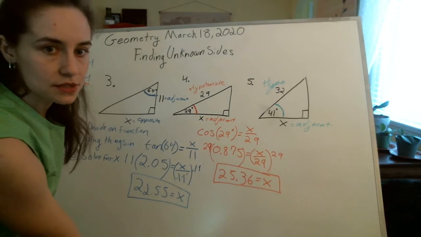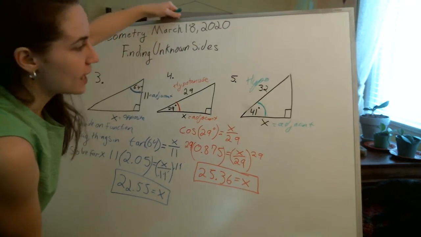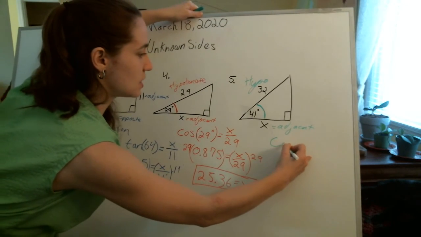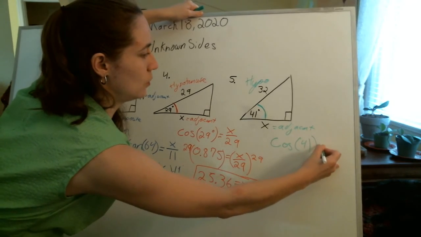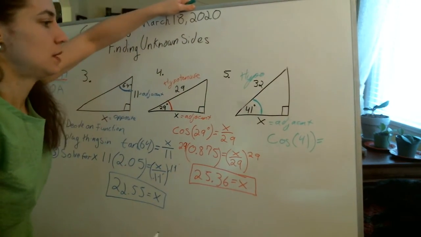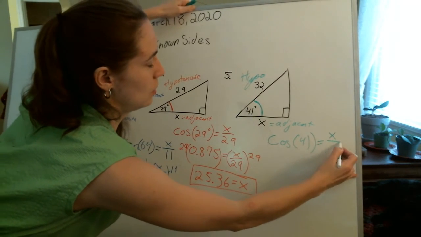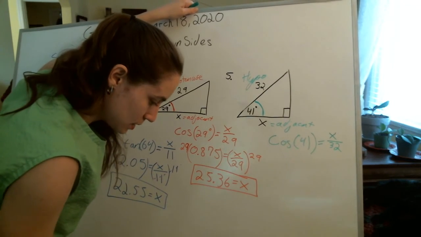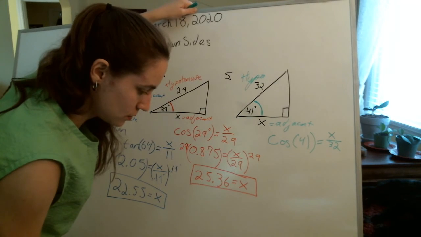So we're going to have cosine of 41 equal x over 32. Type in cosine of 41.